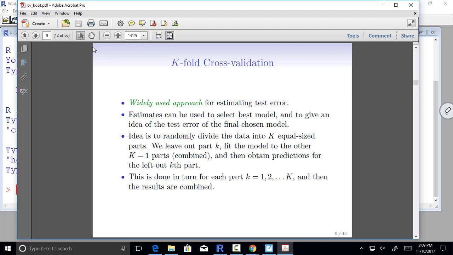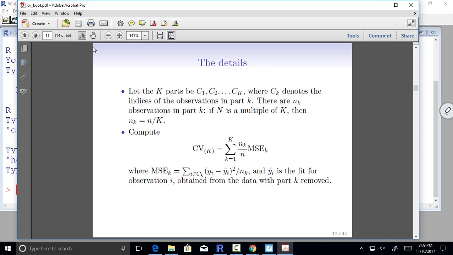Keep doing that k times, and at the end of it, you have k accuracies. And then the overall accuracy that you will claim, if we did, say, 5-fold cross-validation, at the end of doing the algorithm, we will have 5 accuracy measures.